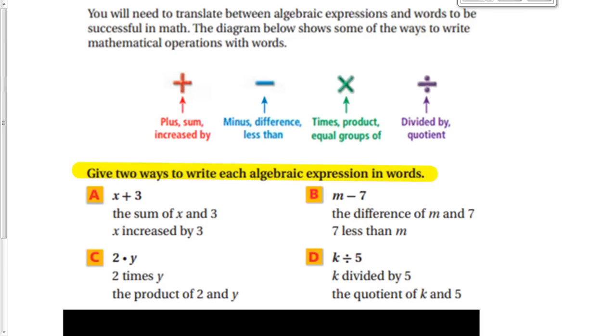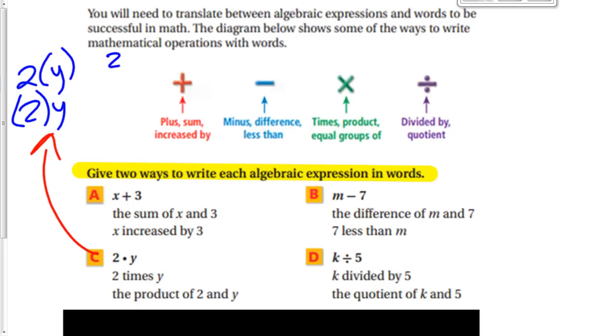The one thing I want to point out about C, 2 times y, is that there are a bunch of different ways we can represent multiplication, especially when we talk about variables. So I could write all of these. So we literally have like six different ways that we can represent multiplication. Actually, there are some more.